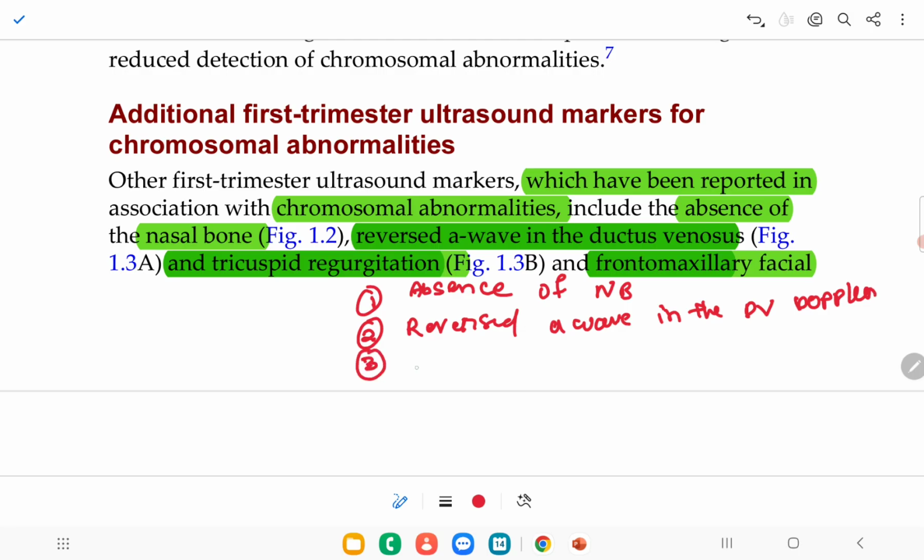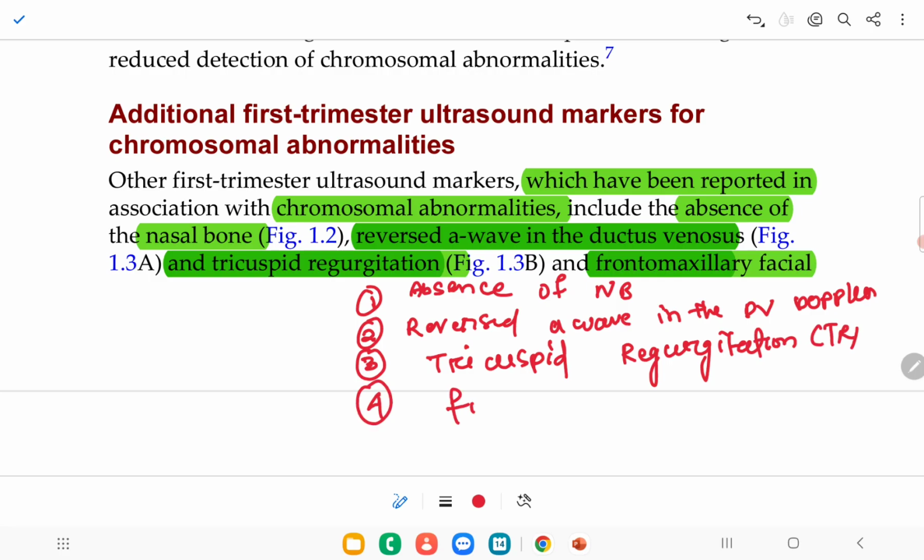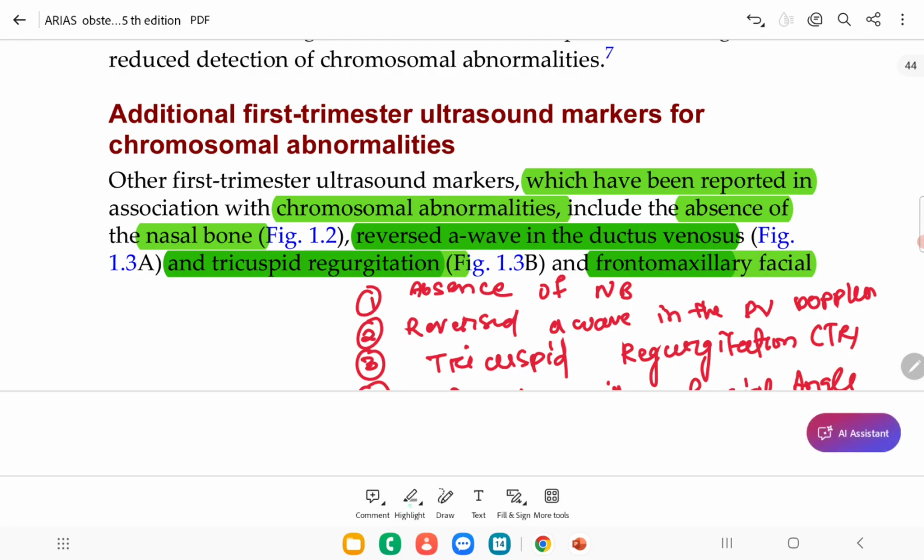Third soft marker is tricuspid regurgitation, TR. And the fourth one is the frontomaxillary facial angle. So these are the 4 soft markers in the first trimester.